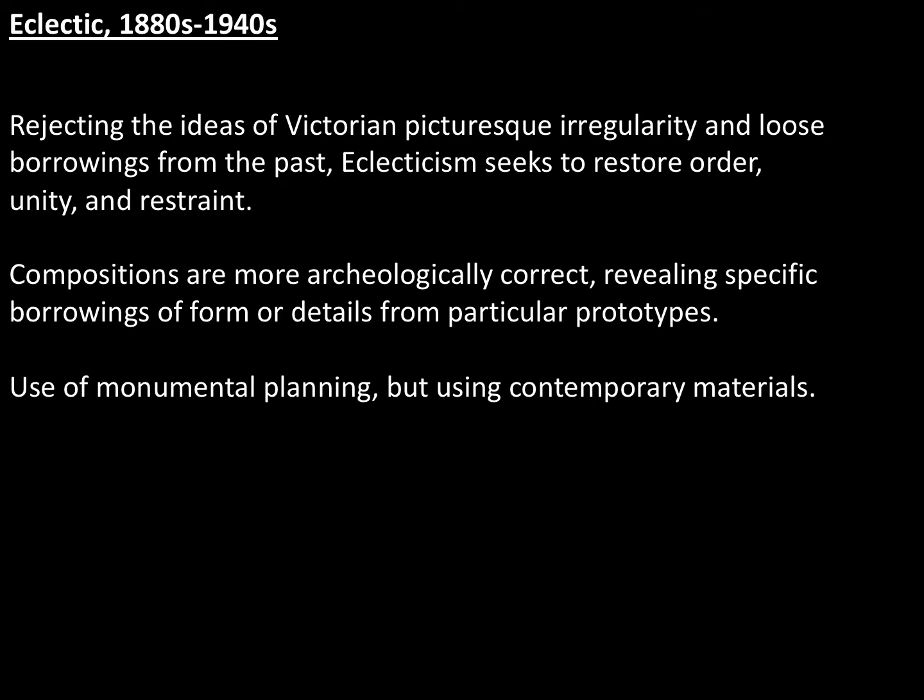So in the late 1880s and early 1900s, there was a pushback against all of this rather random and odd use of historical styles. And so this whole eclectic idea is leaning back toward making compositions that are more correct in terms of the archaeological historical record, and being very specific about what forms you are borrowing from or what details are your prototypes.